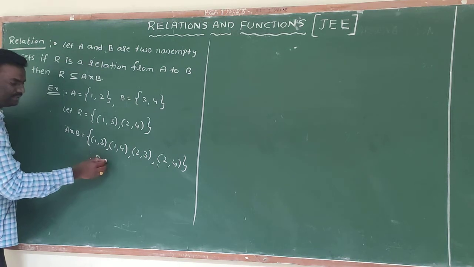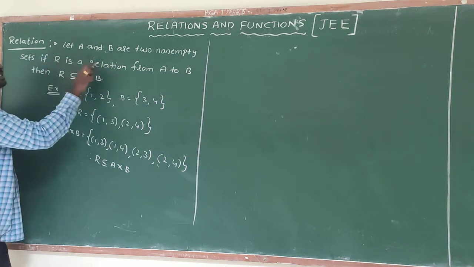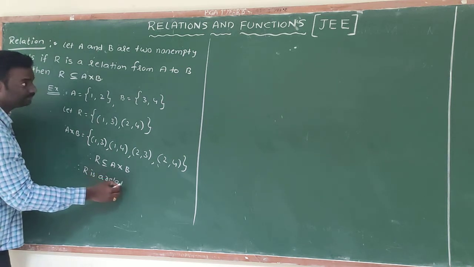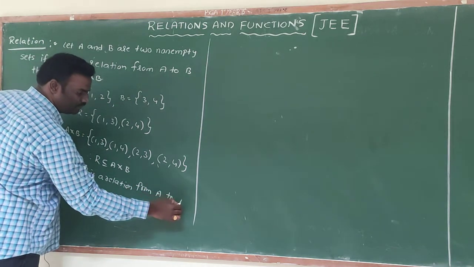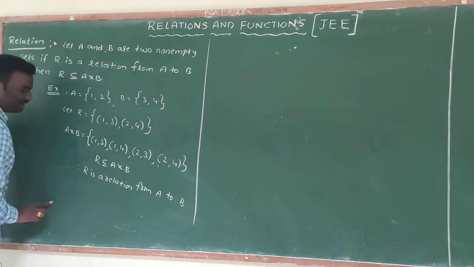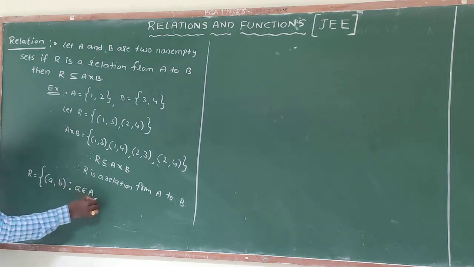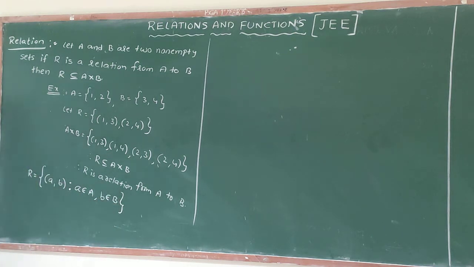Therefore, R is a subset of A cross B. If R is a subset of A cross B, then R is called a relation from A to B. This relation can be written as R equals the ordered pairs (a, b) such that a belongs to the first set, capital A, and b belongs to the second set, capital B. This is the definition of relation.